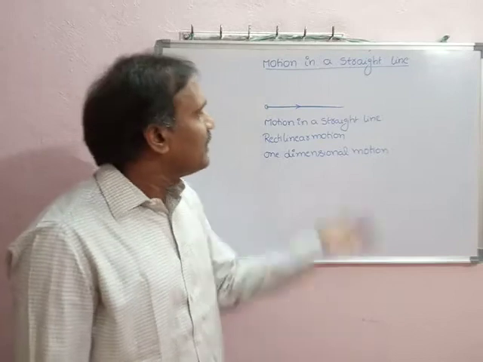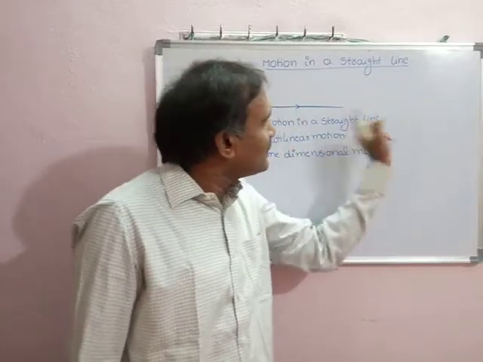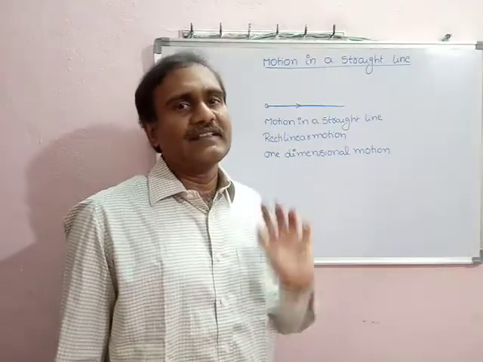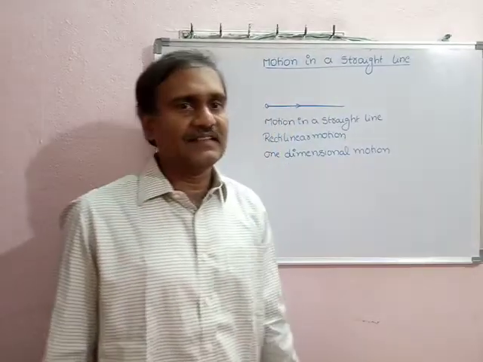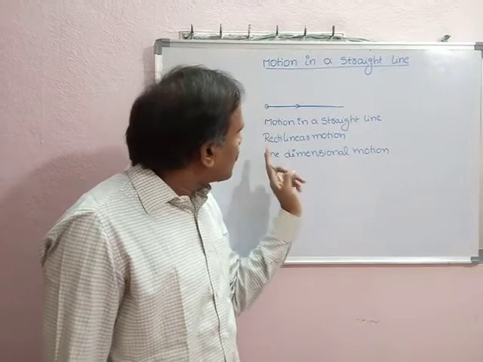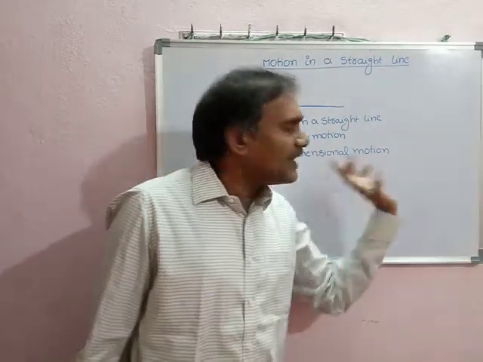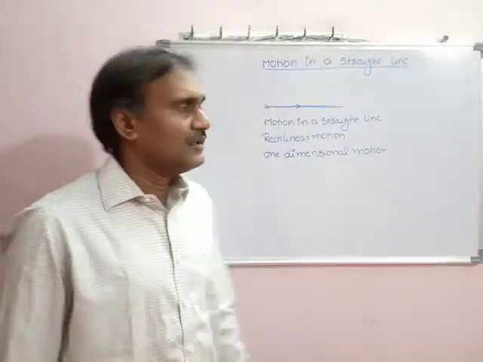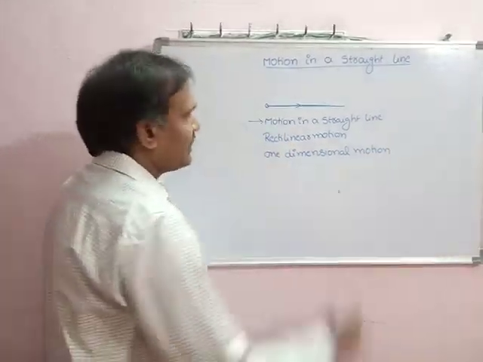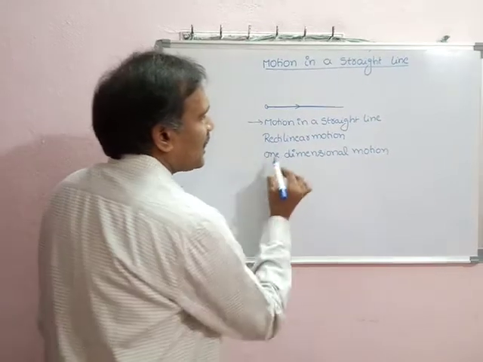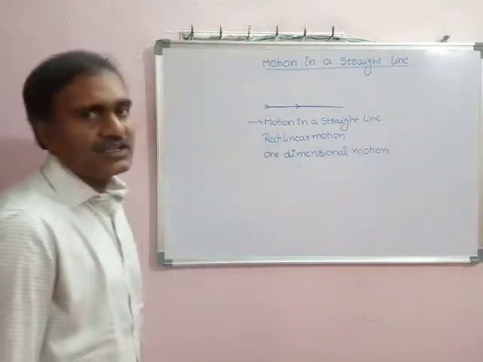Whatever it may be, the particle is moving along only one axis. That's why we also call it one-dimensional motion. That is, motion in a straight line can also be termed rectilinear motion or one-dimensional motion.